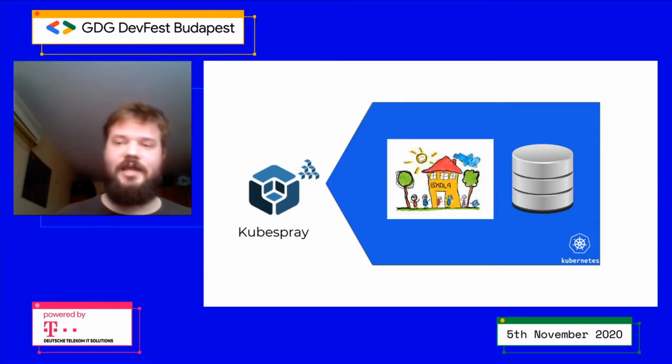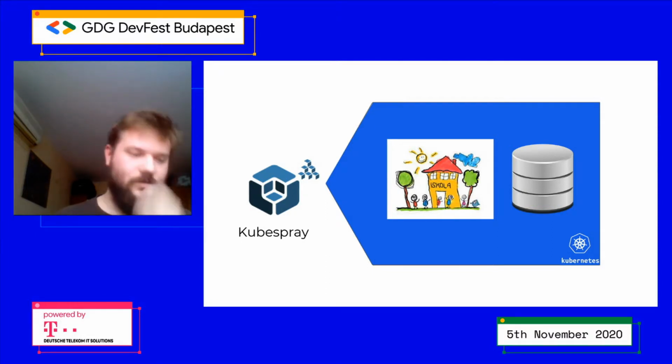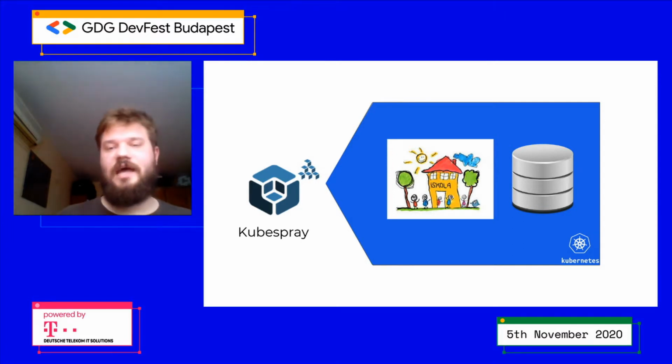However, in that case, we already had a working infrastructure. Kubernetes provided us with a kind of infrastructure as code already. So it only made sense to use that as a packaging tool as well, and use Kubespray to just spray it to the server, to our target servers within vaults.